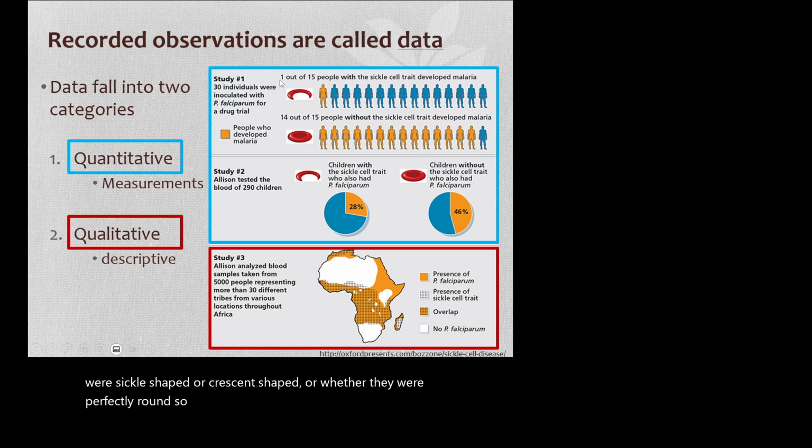So saying that like 1 out of 15 people with the sickle cell trait develop malaria, versus 14 out of 15 people without the sickle cell trait develop malaria is quantitative data.